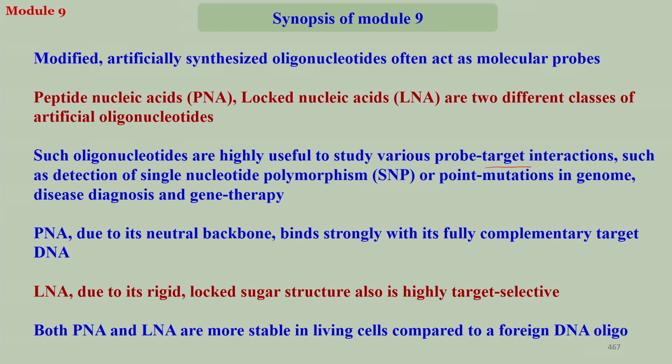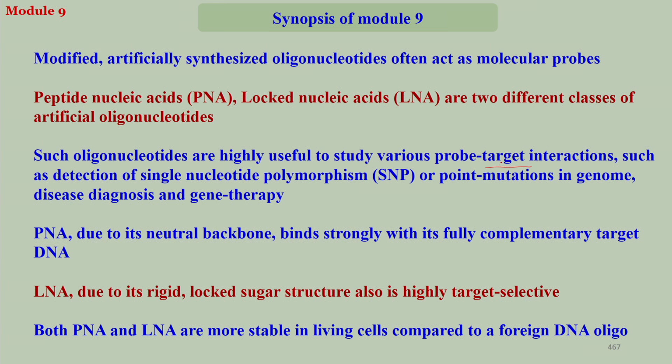that detection of single point mutations in DNA, that is one of the aspects. Protein DNA interactions, whether your protein is manipulated or not inside the living cells, that can be studied or analyzed. So, in general, probe target interactions.